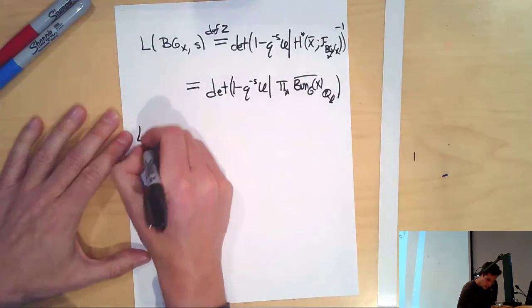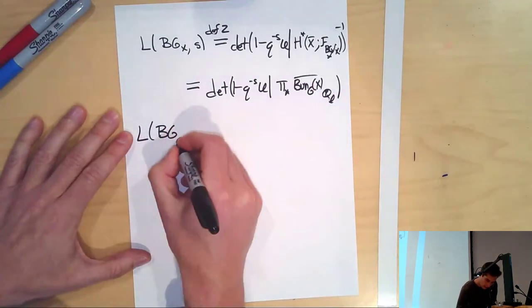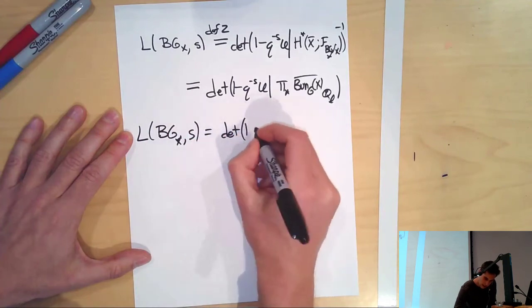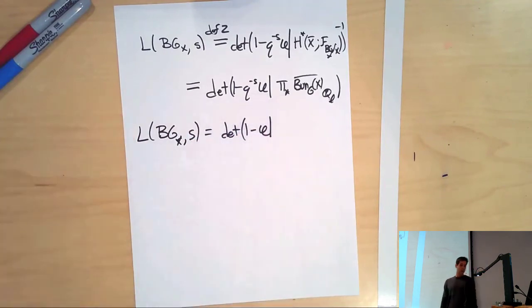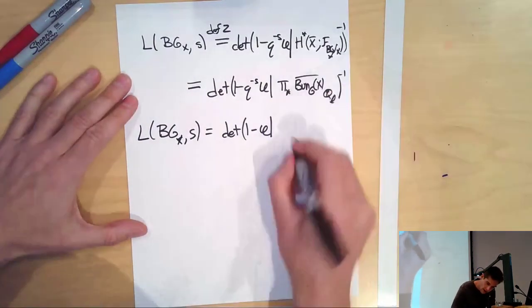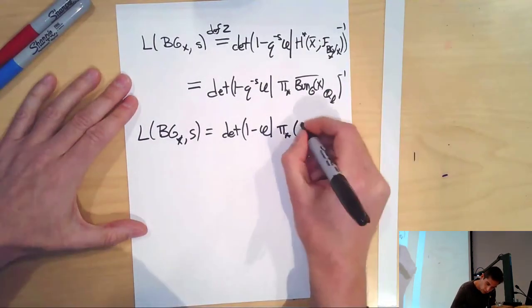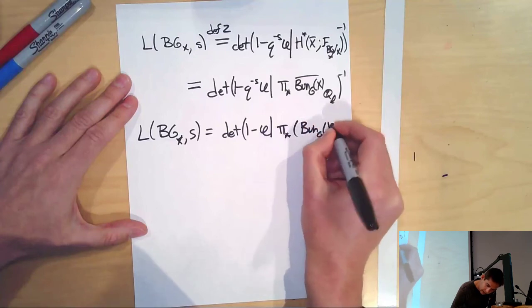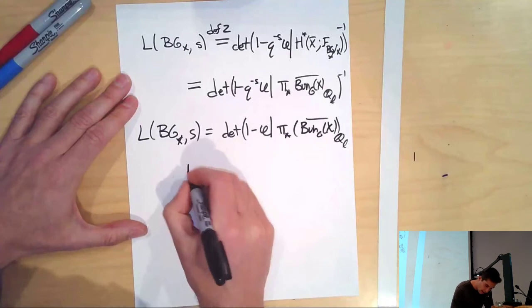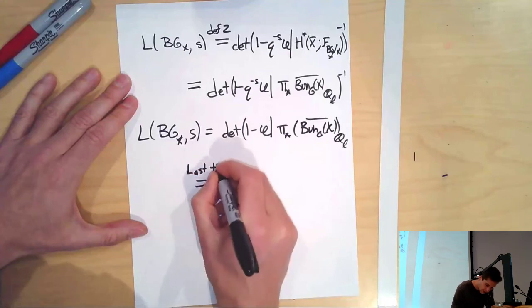And then when I evaluate that at 0, what I'm just seeing is the same thing now without the q to the s factor, just the determinant of 1 minus phi on the homotopy groups of Bun_G(X), Q_l, and this is equal by the analysis that we did last time.